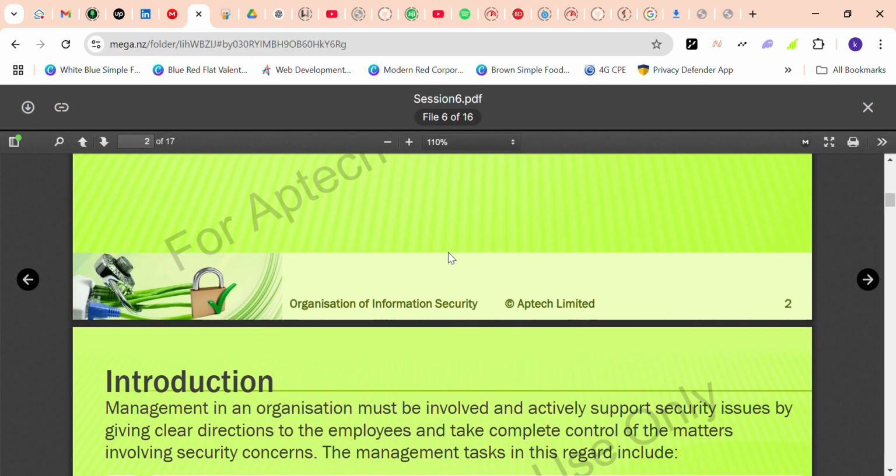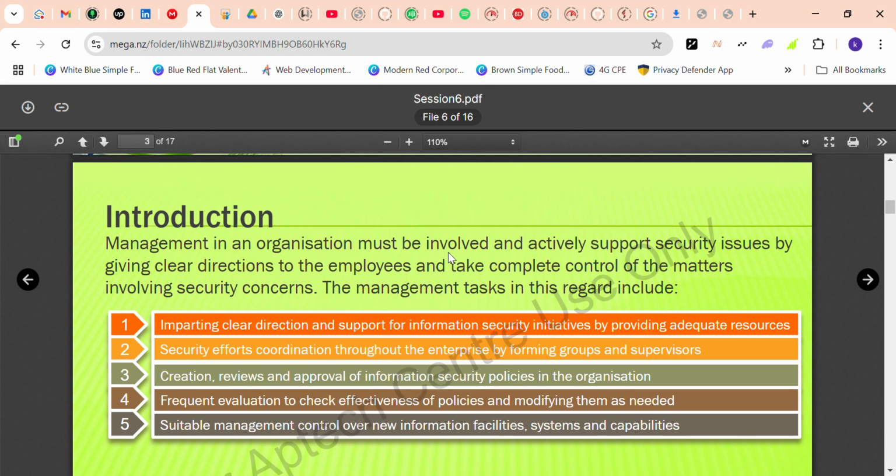So let's move forward. In the introduction, the management in an organization must involve and actively support security issues by giving clear direction to the employees and taking complete control of matters involving security concerns. The management tasks in this regard I will explain one after the other.